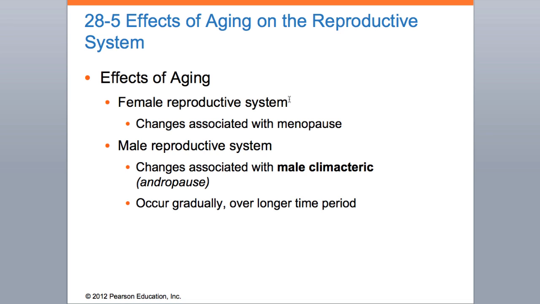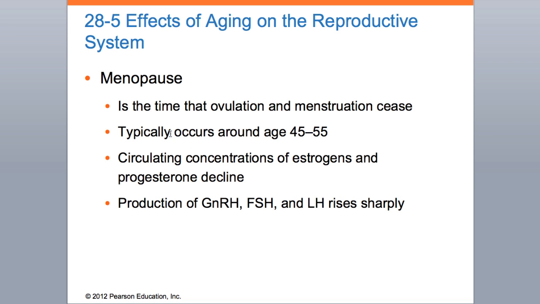Okay, now we come to aging. Like every chapter pretty much ends with aging. Men and women do have a form of menopause. For typical ages, we're talking about 45 to 55.